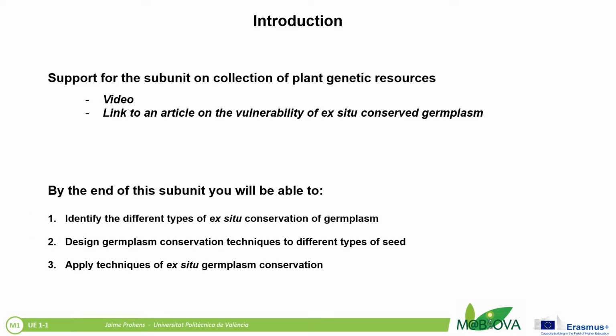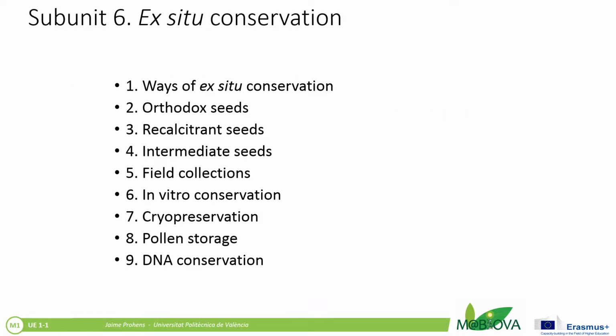At the end of this course, you will be able to identify the different types of in situ conservation of germplasm, to design germplasm conservation techniques for different types of seed, and to apply techniques of in situ germplasm conservation. The subunit is divided in 9 sections.